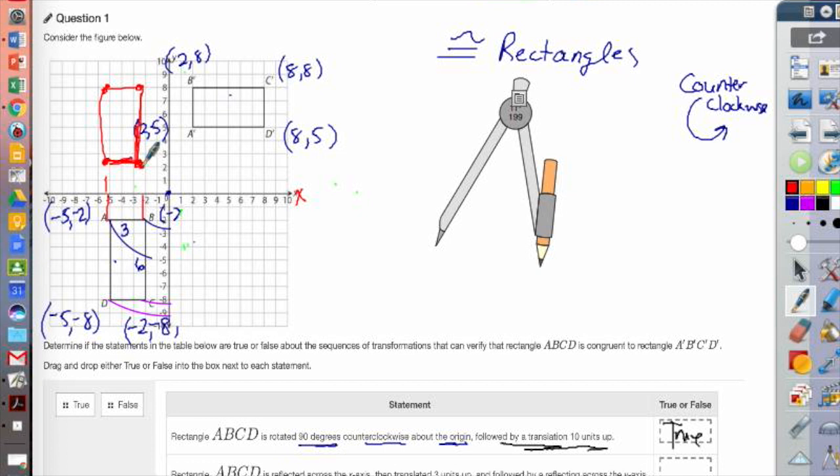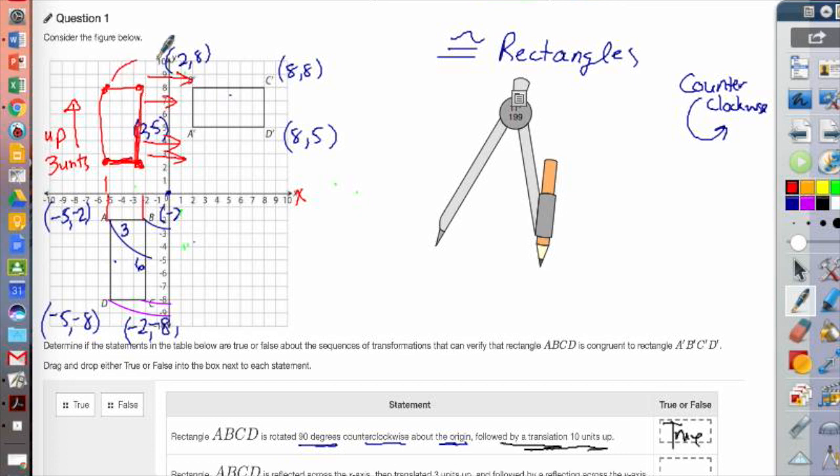Okay, next thing it says, then it translates 3 units up and followed by a reflection across the y-axis. Well, we're going to move this whole thing up 3. And then we're going to reflect it over the y-axis. Now the problem is the orientation of this rectangle under that reflection is not going to turn.